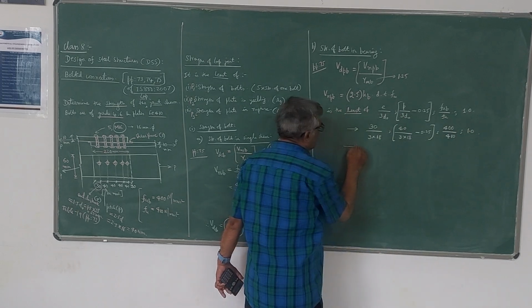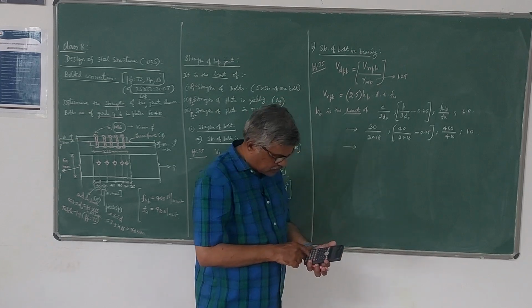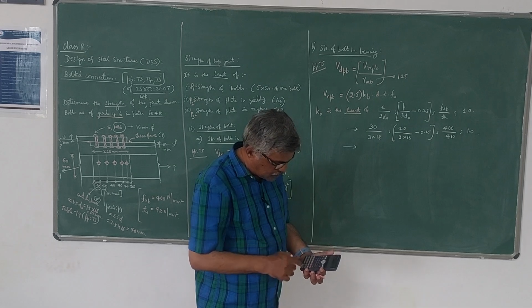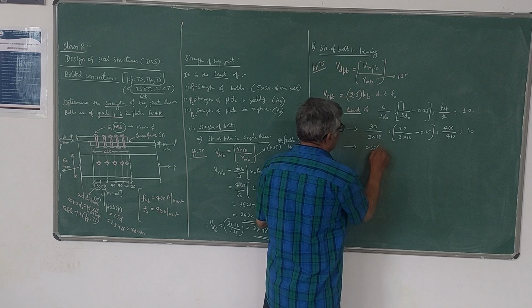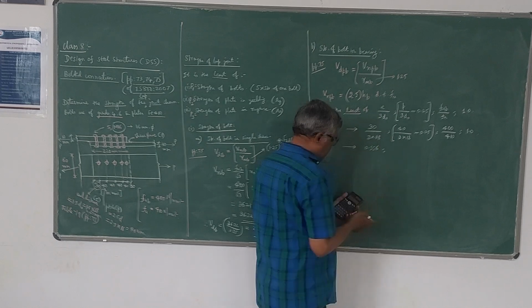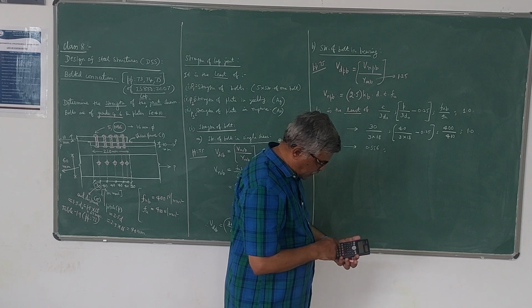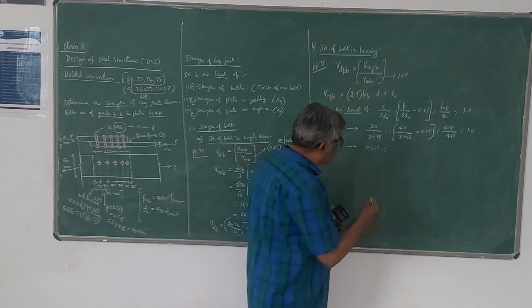Now among these four, 30 divided by 3 into 18, so 30 divided by 54, it is 0.555 or 0.556 you can take. The second value is 40 divided by 54 minus 0.25, which is 0.49.